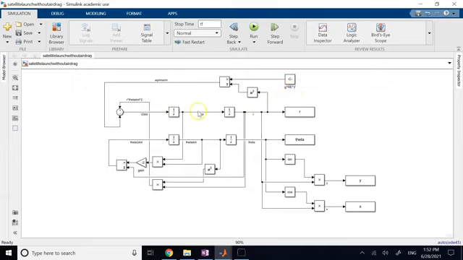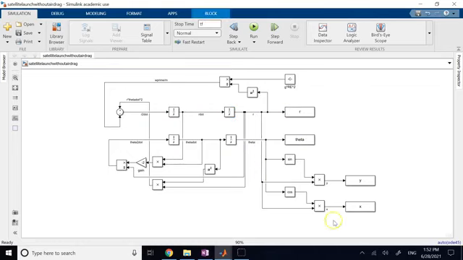And these two sets of solvers here, you see here I have one line that is taking R double dot, converting it to R dot and R. The other one taking theta double dot, converting it to theta dot and theta. And then sending theta and R out, as well as X and Y, which are R cosine theta and R sine theta. So if you look at the governing equations, they are very simple.